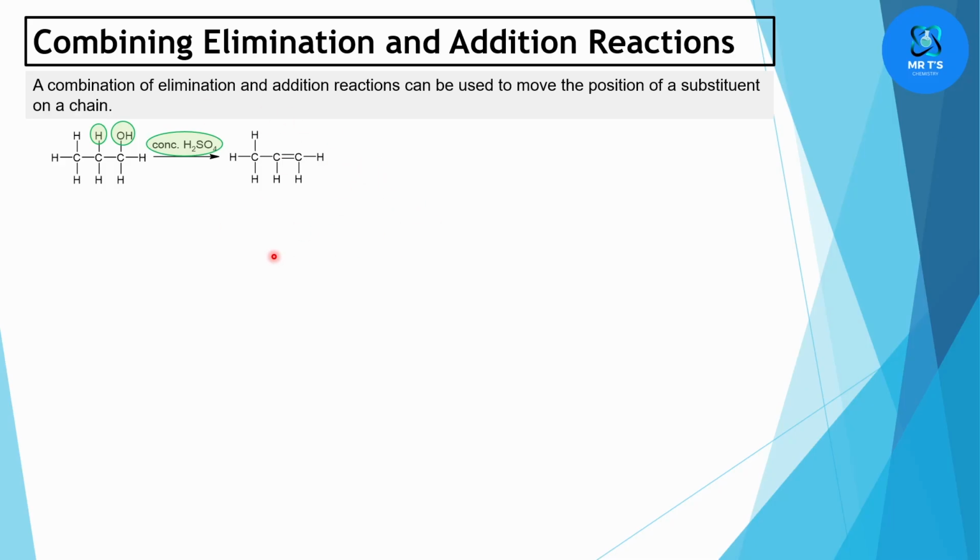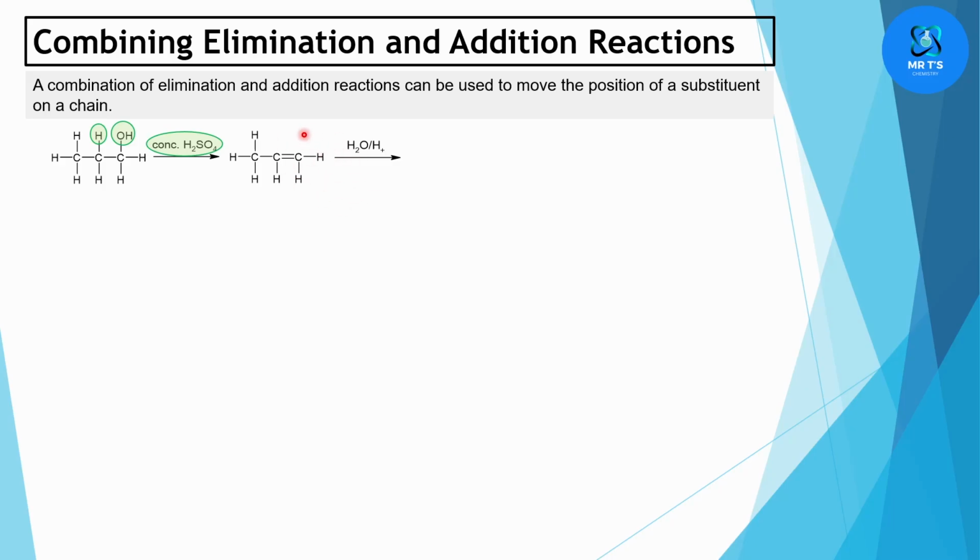Now, I said that I wanted to turn it into propan-2-ol. I'm now going to have to carry out an addition reaction to add the OH back, but I want to add it to the second carbon. We're quite lucky, because when I add H2O and H+, the majority of the time the hydrogen will add to the carbon with the most hydrogens already.